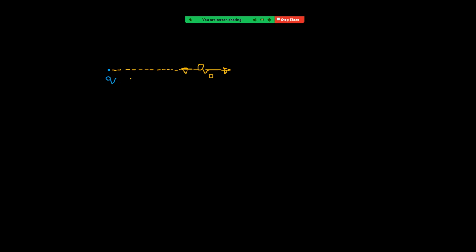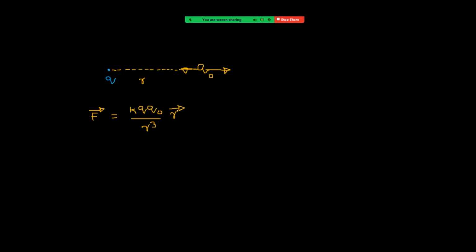Let us take the distance between those two as R. Then the force by Q on Q naught is given by F bar equal to K Q Q naught by R cube into R bar.